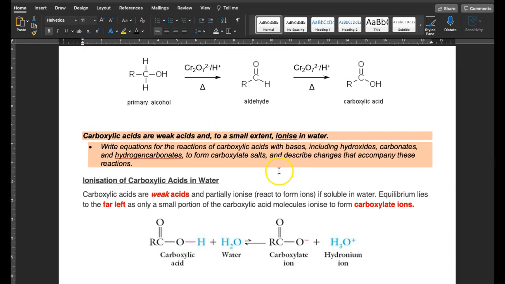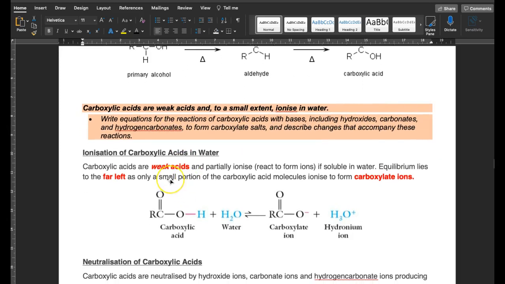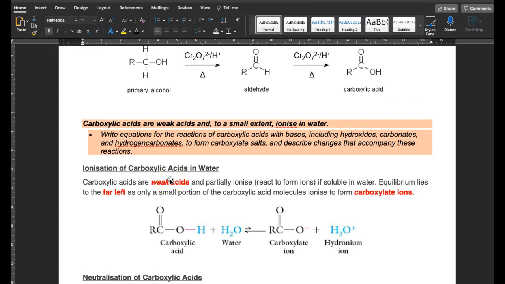Now, being an acid, they do, to some extent, ionize in water, and you do have to actually be able to write these equations out, specifically with their reactions with hydroxides, carbonates, and hydrogen carbonates. They're weak acids. You know this with citric acid. It was a weak triprotic acid. So that means that they only partially ionize in solution with water.